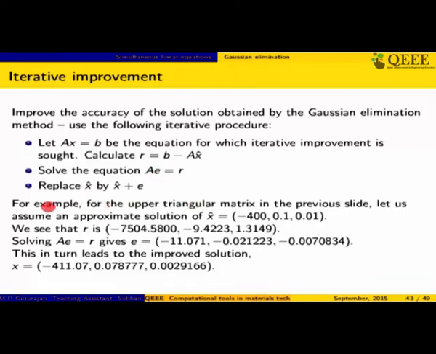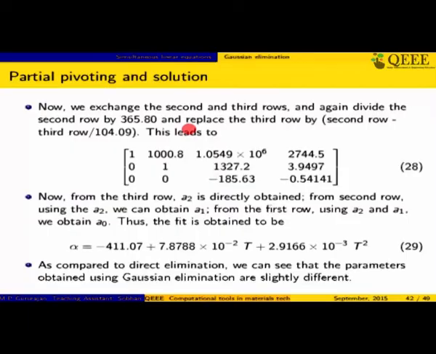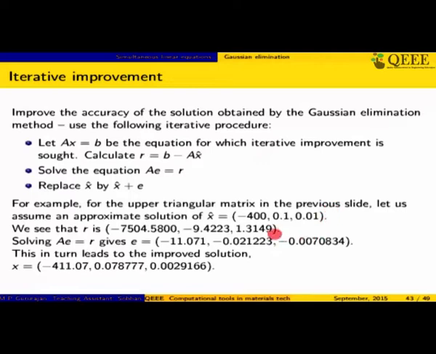So we have the upper triangular matrix from the previous slide, for which we know the approximate solution. We can take it to be this, and then we see that R is this value, and you can solve AE equal to R because you have the R values, you have A in upper triangular form, so solving for E is rather straightforward.